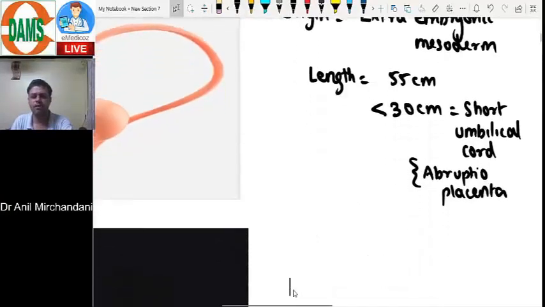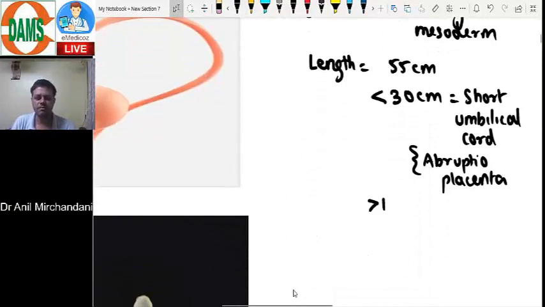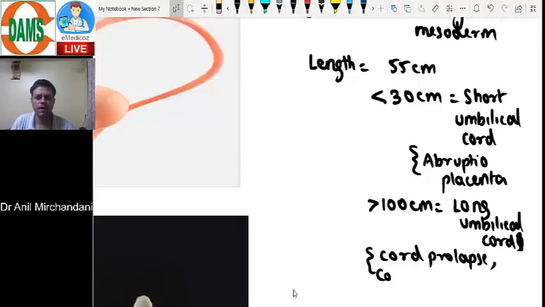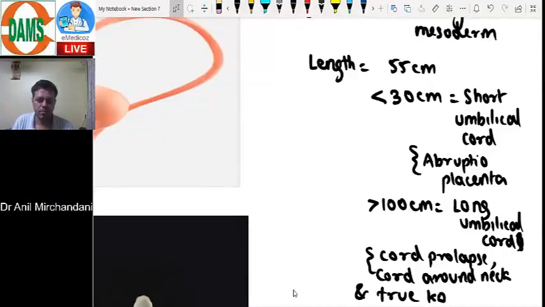Then more than 100 centimeter is called long umbilical cord. It is associated with cord prolapse, cord around neck, and true knot. There is something called true knot.